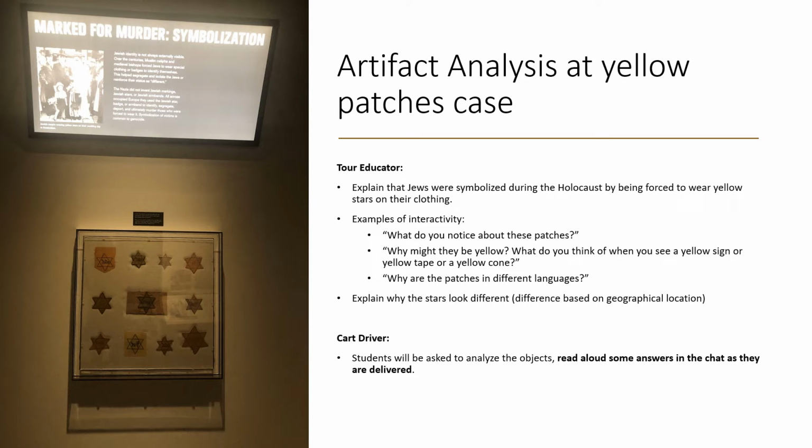Germany is expanding and occupying different countries. Again, the cart driver will stand right in front of this artifact case, zoomed in on the artifacts, and as the tour educator is asking questions, the cart driver should read aloud some of the answers in the chat.